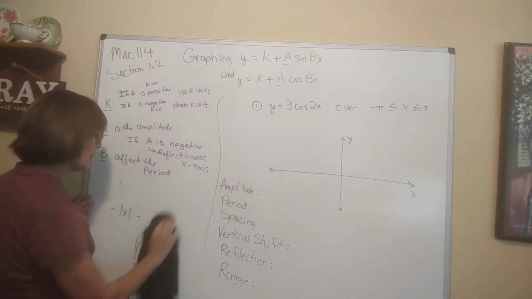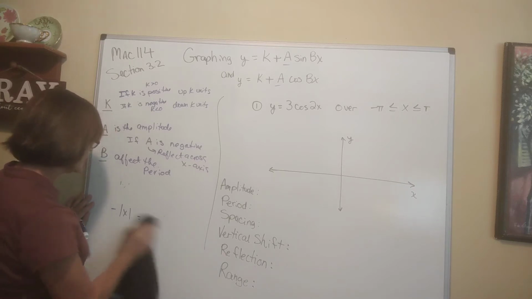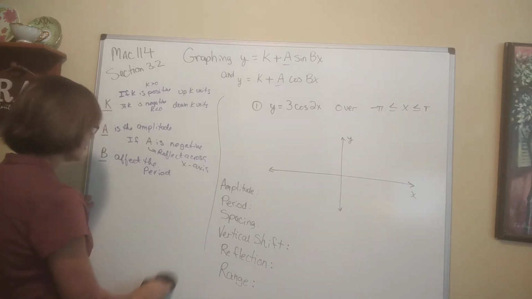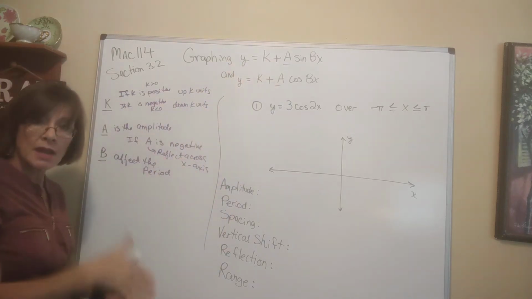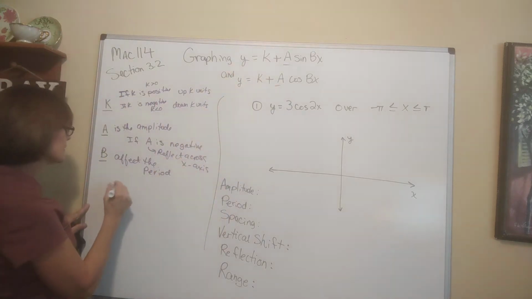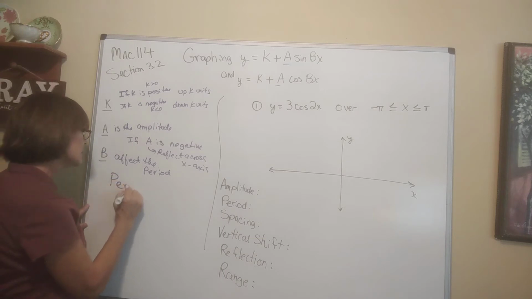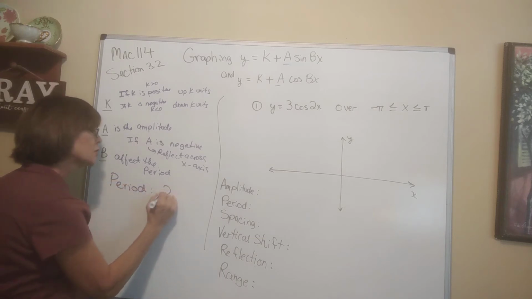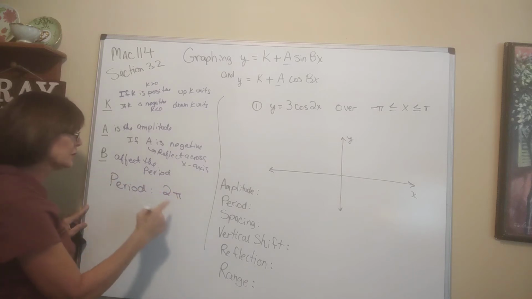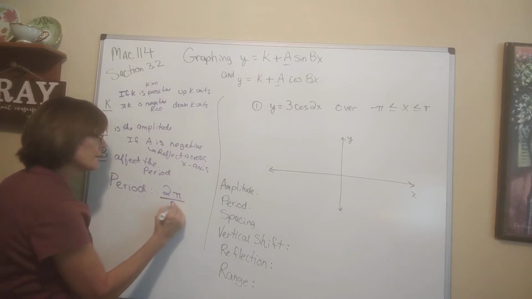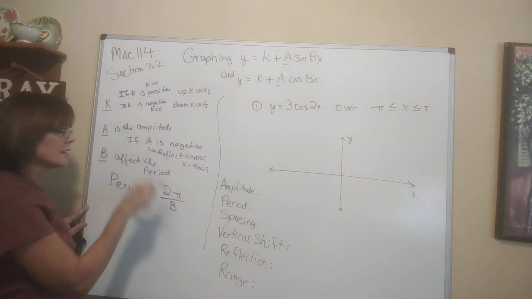But how we can figure out what B is going to do, how it's going to affect it, is for sine and cosine, which is the graphs that we're on right now. For sine and cosine, the period is 2 pi. So if B is 1, the period is still 2 pi. But if B is not 1, it affects the period.